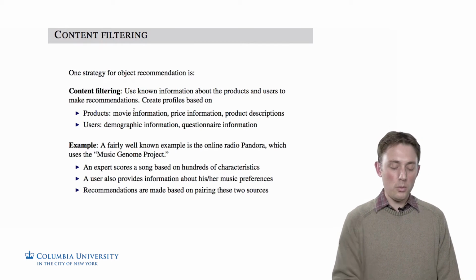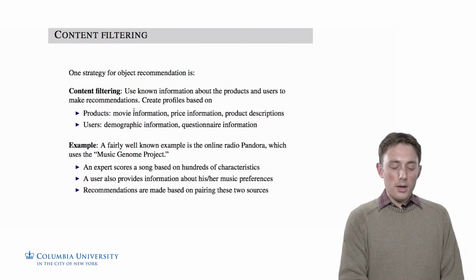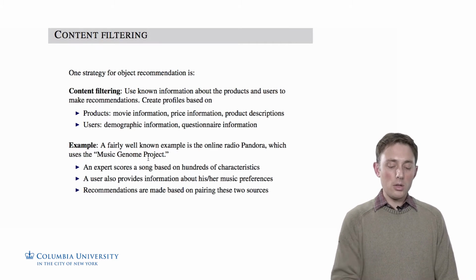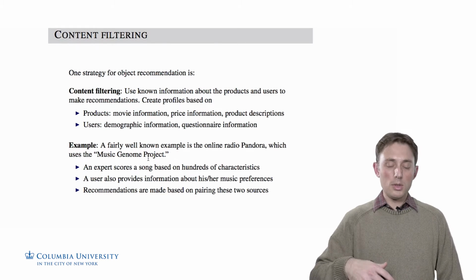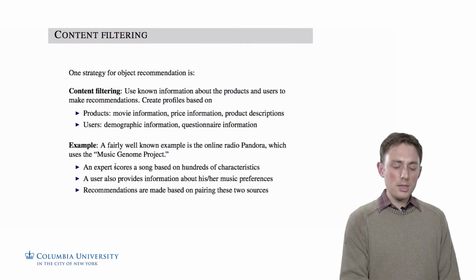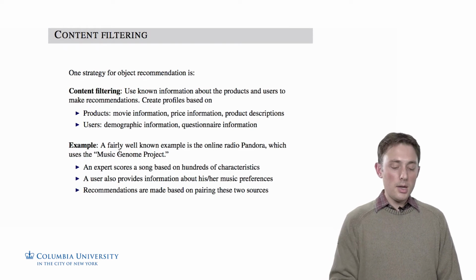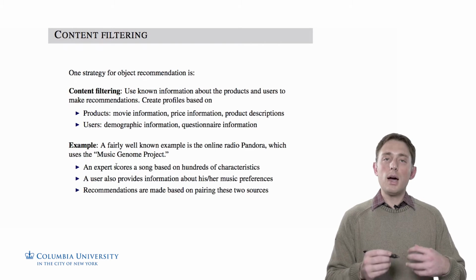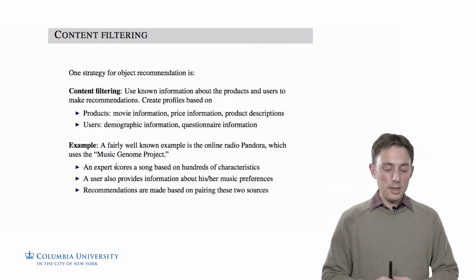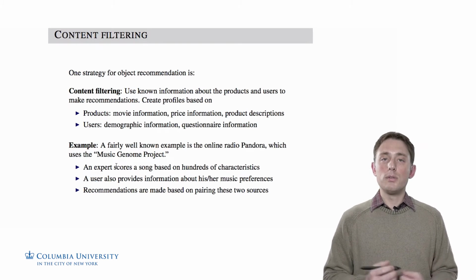So let's look at one example. The online radio Pandora uses something called the Music Genome Project to make recommendations, among other approaches, I'm sure. This approach, which is a content filtering approach, allows experts to score each song in the database based on hundreds of characteristics.